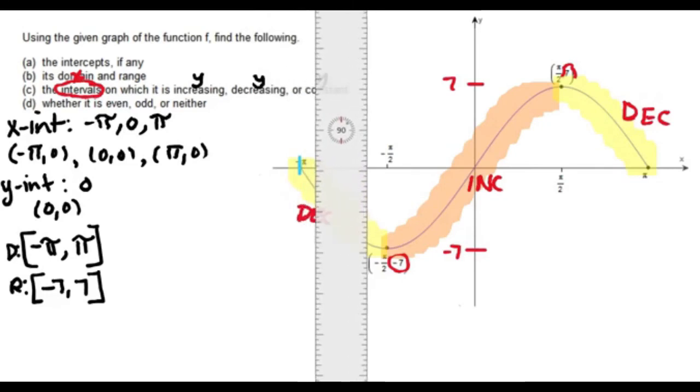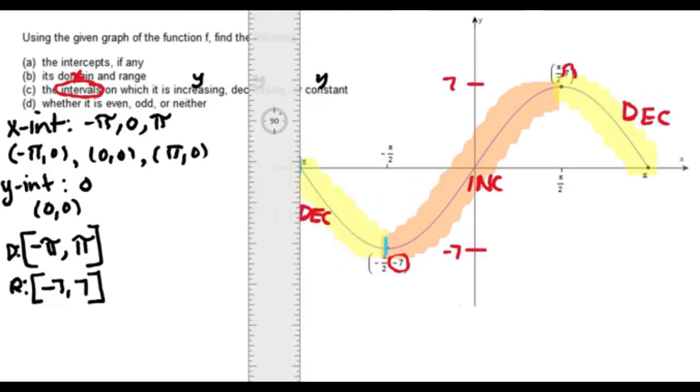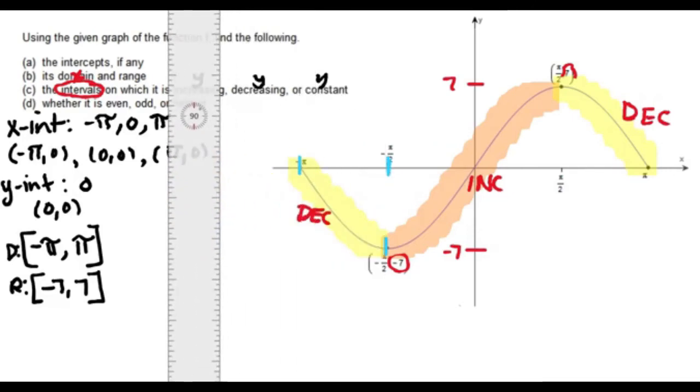I'm still hitting it, and then the last time it hits that decreasing section is here, which is right here. So I'm going to say that this function is decreasing from negative pi, let me give myself a little bit more room. It is decreasing from negative pi to negative pi over 2.